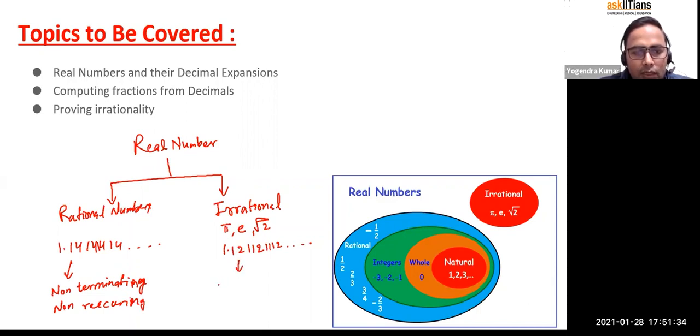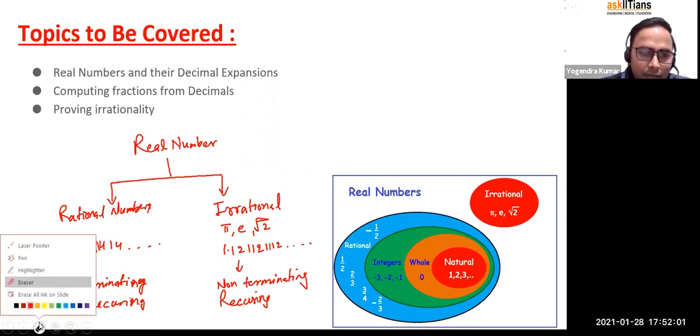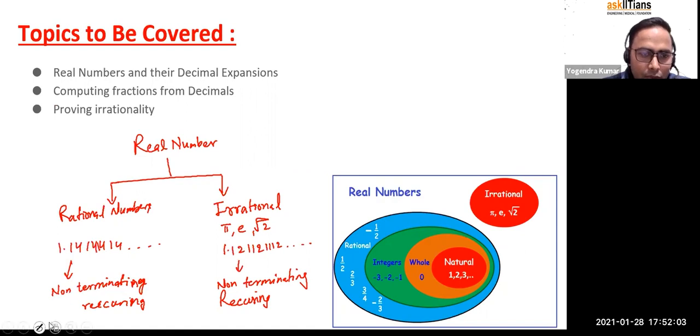But this one is non-terminating and recurring. My bad, 1 second, I want to clarify here. This is recurring, as you can see, it is repeating 1 4 1 4 1 4. My bad, so please correct it. I know I made a mistake there, and I want to apologize for that.